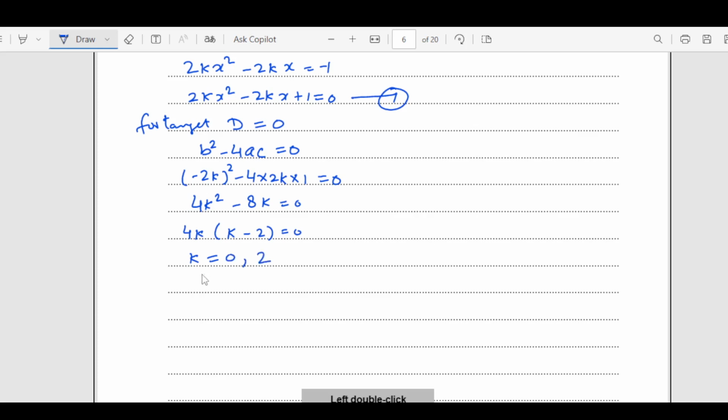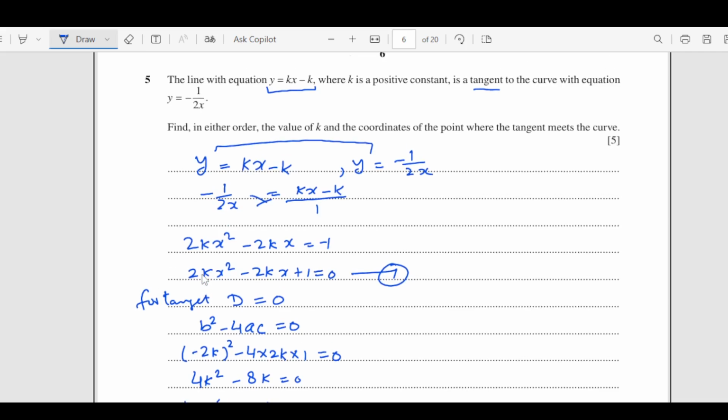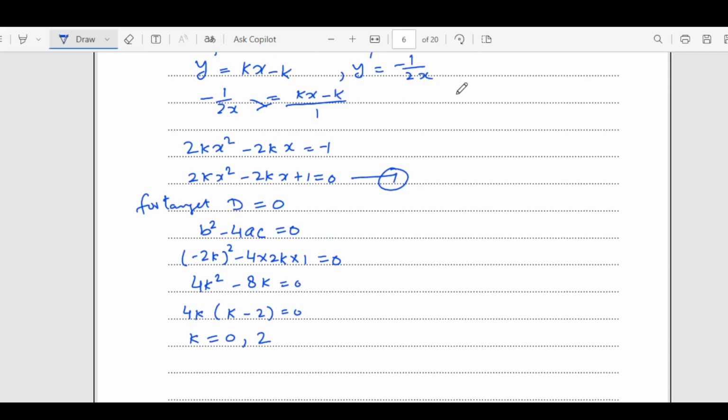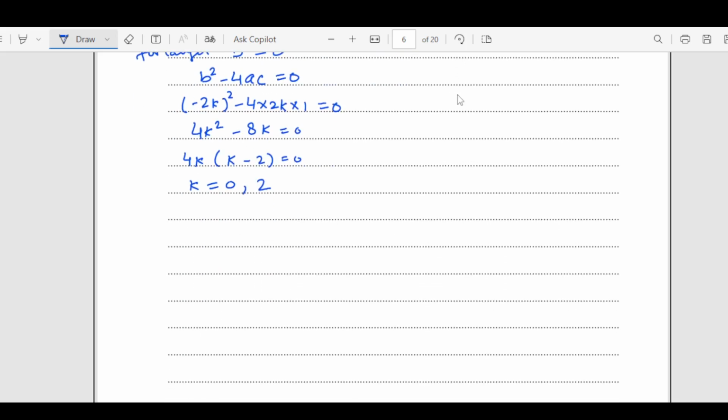Now we are given that k is a positive constant, so k cannot be 0. So we are going to reject this value. So the value of k is 2, right? And the second part: find the coordinates of the tangent.